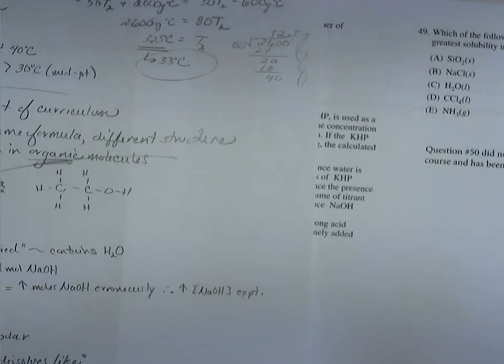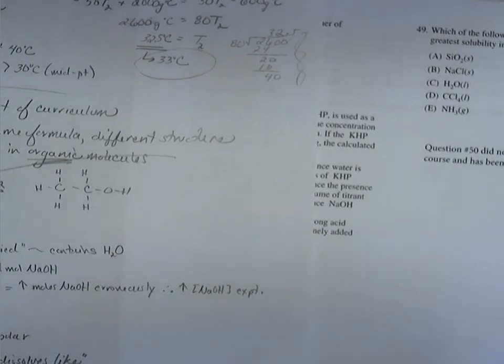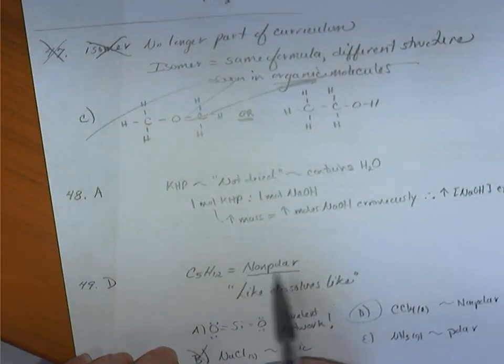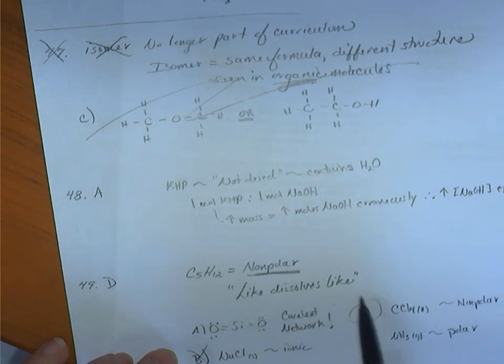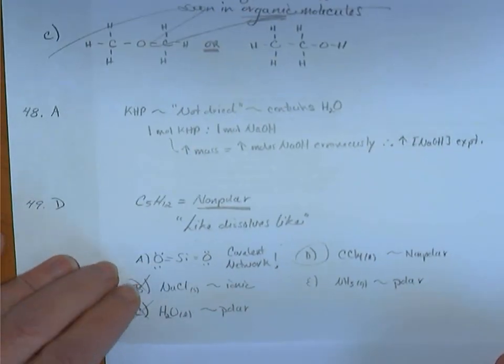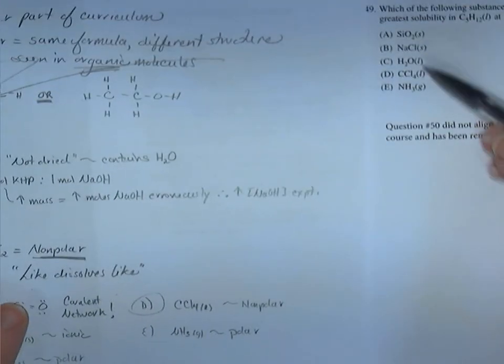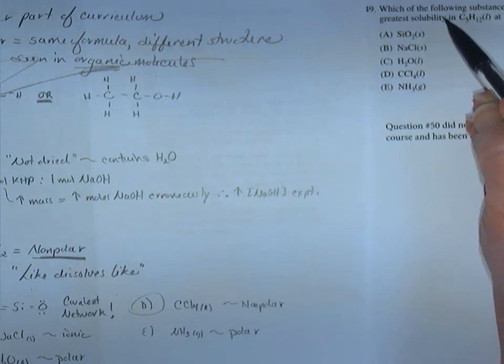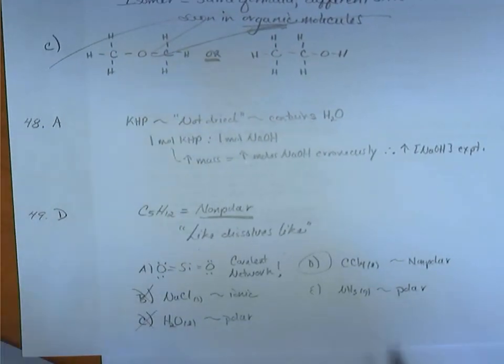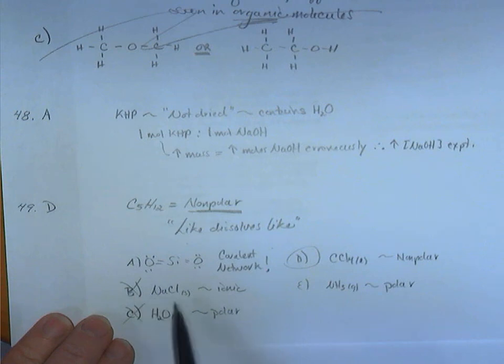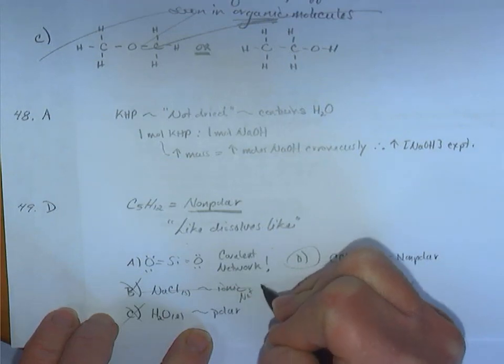And 49. So this C5H12 would be nonpolar. And remembering like dissolves like, we want to choose of the given which would dissolve the most. So which of these is nonpolar? Well, hopefully we can get rid of the ionic, which is the most extreme example of polarity, being separate ions.